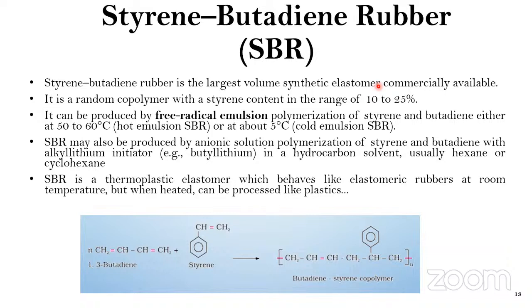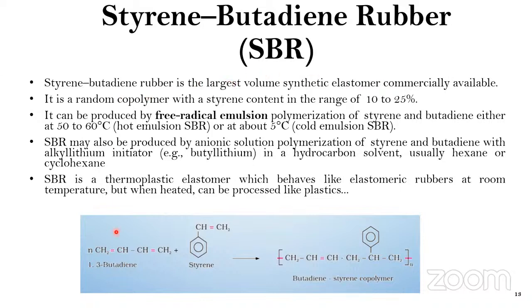That is known as Buna S. Buna S is a commercial name for styrene butadiene rubber, and it is the largest volume synthetic elastomer currently commercially available.